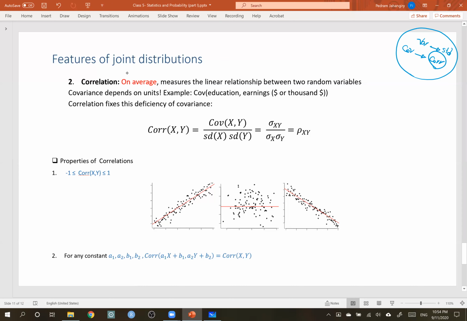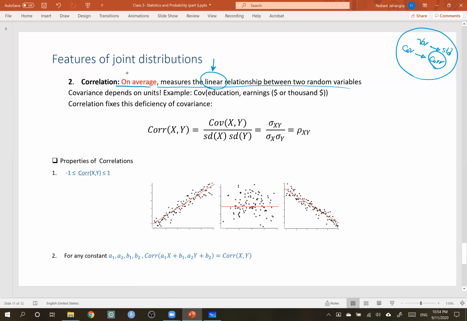Mathematically, let's go over the intuition first. Correlation tells you that on average, it measures the linear relationship between two random variables. And I cannot emphasize enough how important this term linear is, linear relationship. I'll give you an example.